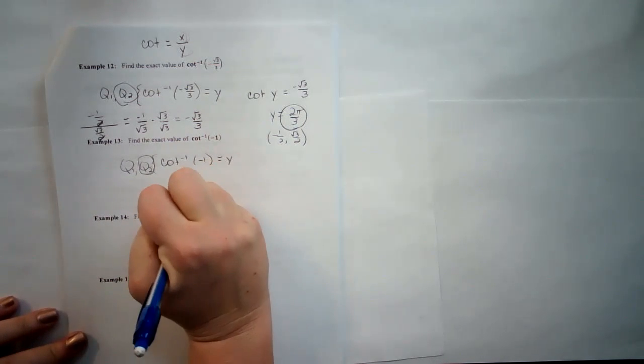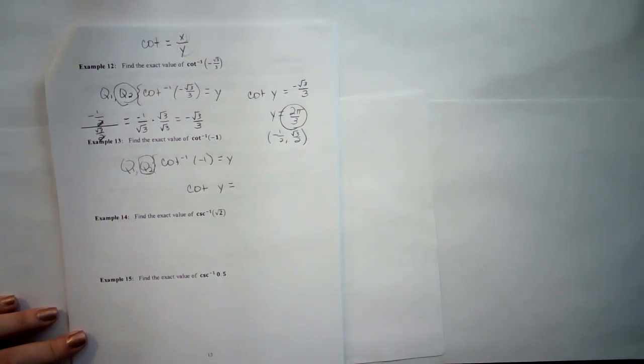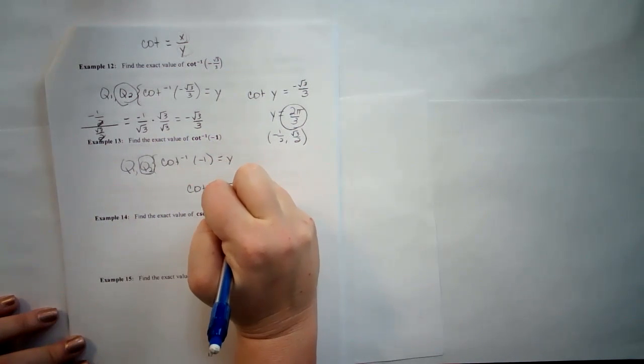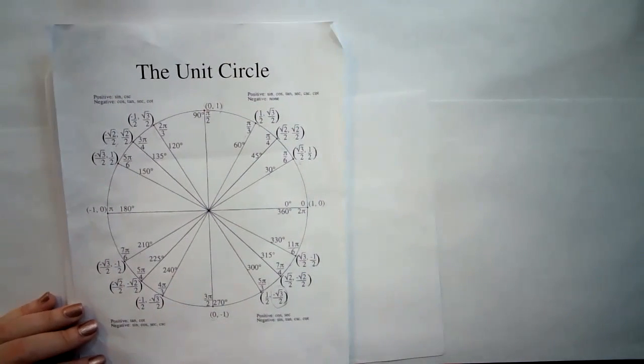So what angle in quadrant 2 is going to give me a cotangent of negative 1? This is not a quadrantal. For cosine and sine, if they are equaling a negative 1, they're at one of the axes. But remember, cotangent and tangent are x over y's, or y over x's. So you have to have the same value for the x and the y. So in quadrant 2, what do we think our answer is going to be?